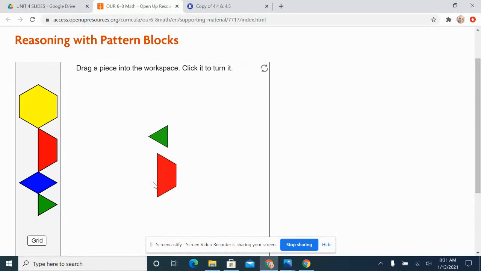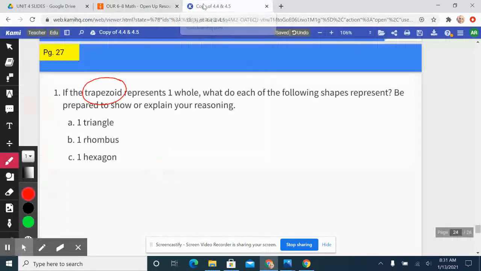Sorry, I need to start all over again here. Okay, so I'll just do that. So 1 triangle is 1/3, right? So I'm going to have to write a little for you, but your answer is 1/3.